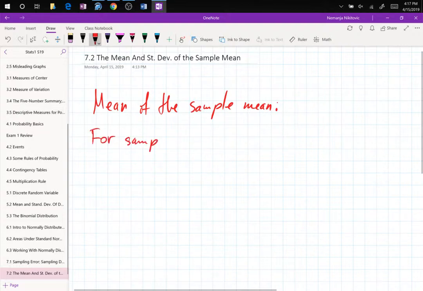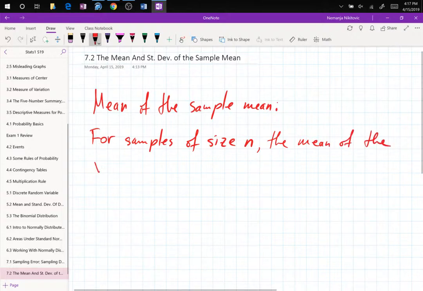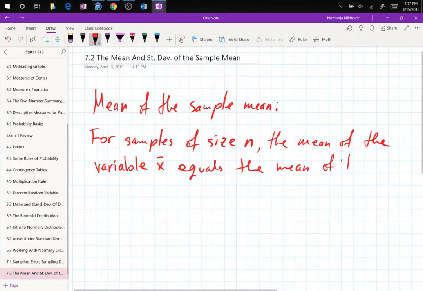For samples of size n, the mean of the variable x bar, and those are all individual means, equals the mean of the variable under consideration.